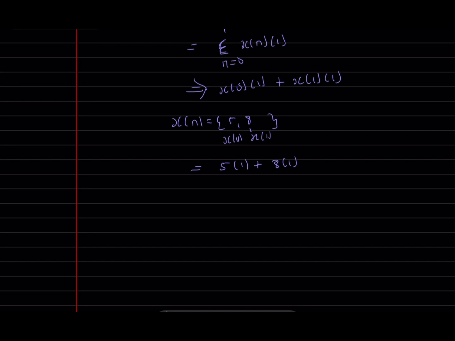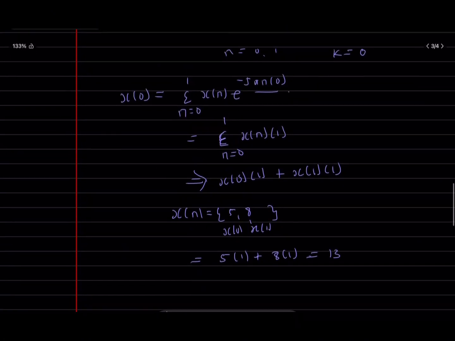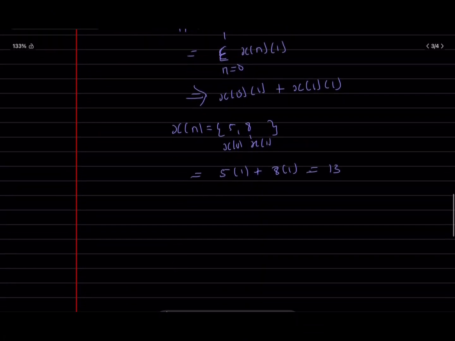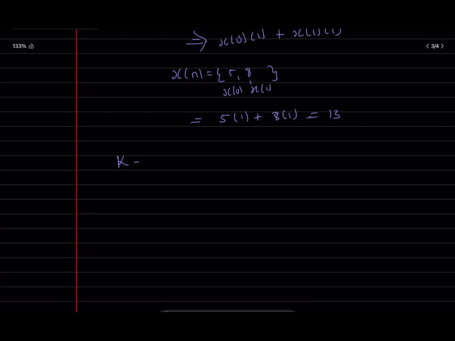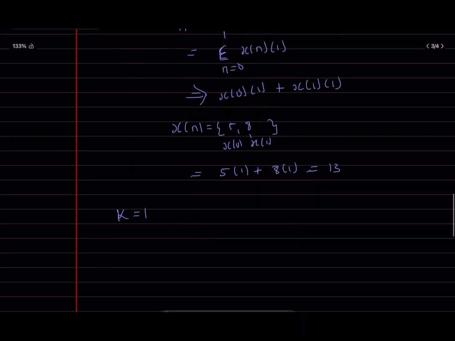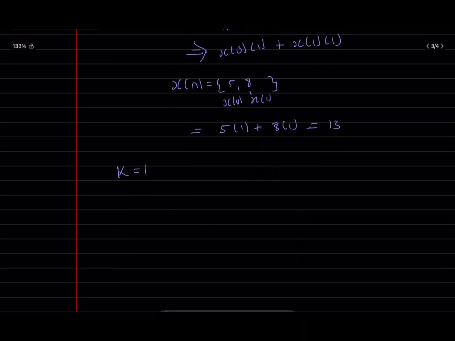And when we add them, we are going to get what? 13. So since we have 13 here, we are done with k equal to 0. So now let's do k equal to 1, because we have only 2 elements, 5 and 8, and therefore k can only be 0 and 1.